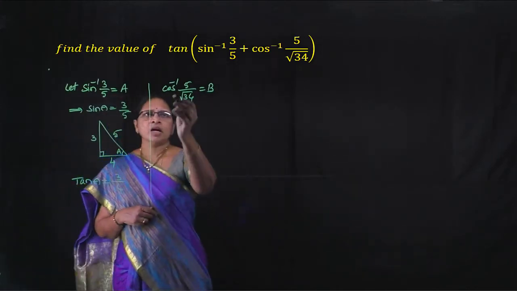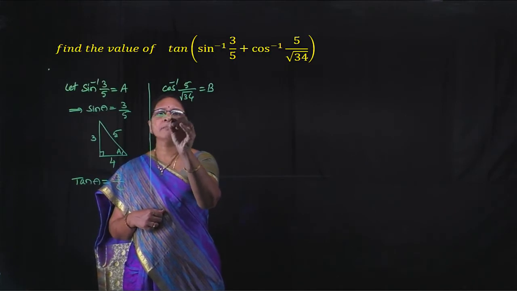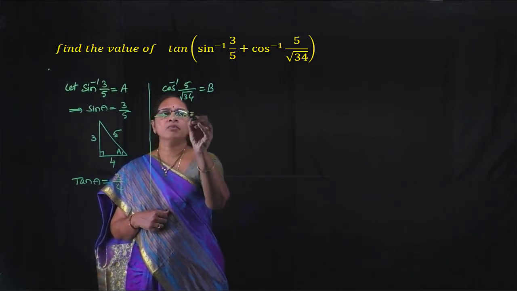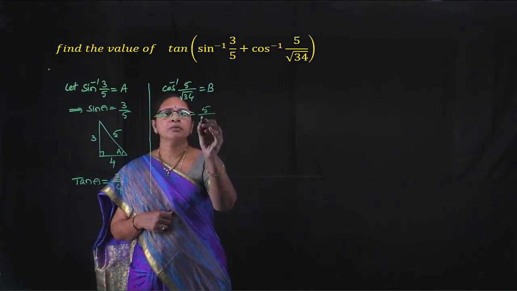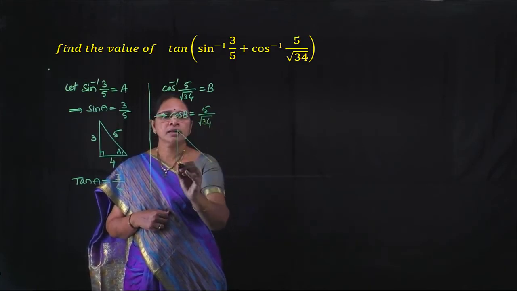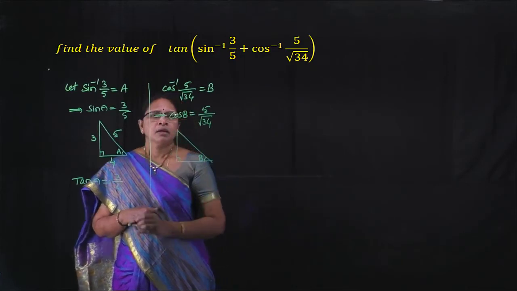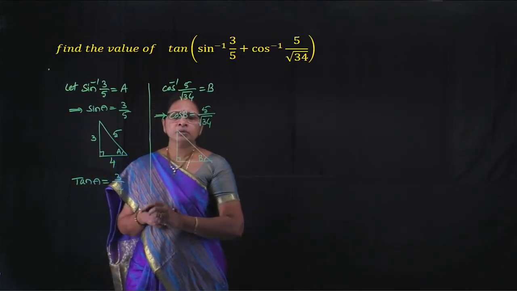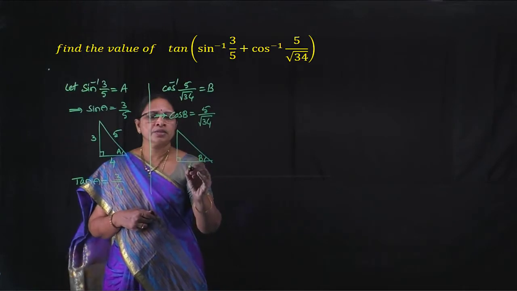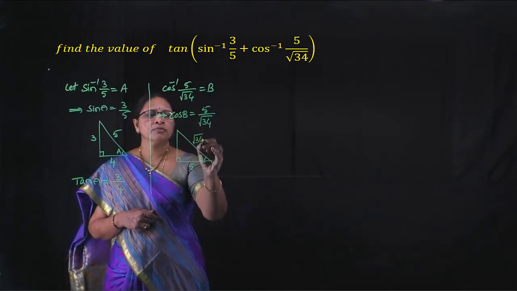Here cos inverse 5 by root 34 equal to B. This implies cos B equal to 5 by root 34. Consider a right angle triangle with an angle B. Cos B equal to 5 by root 34, that is adjacent side is 5, hypotenuse is root 34.